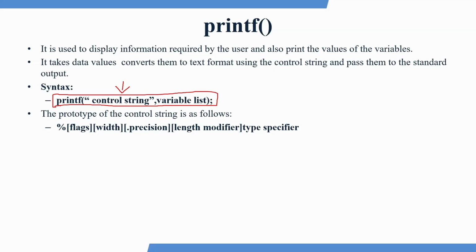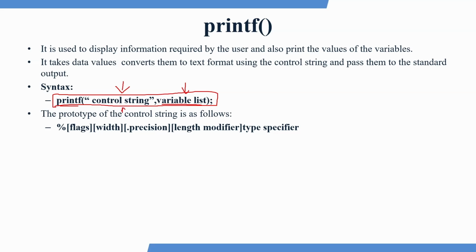All the letters of printf must be in smaller case. Within the brackets we have to mention the control string, then a comma, then the value we want to show to the user. That location name, which is obviously called a variable name, we have to pass here.